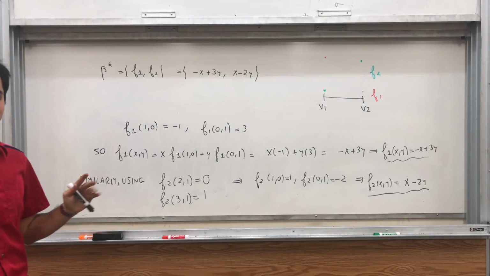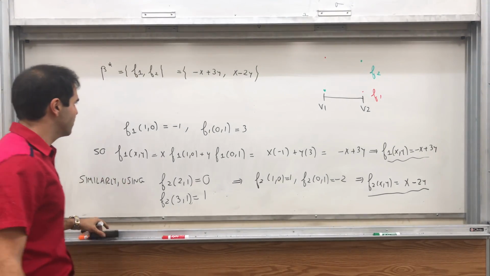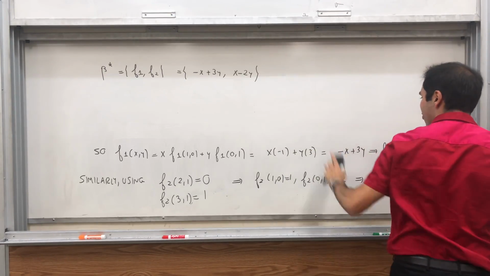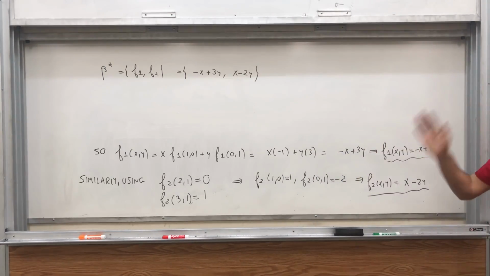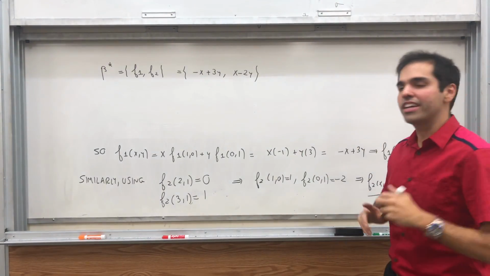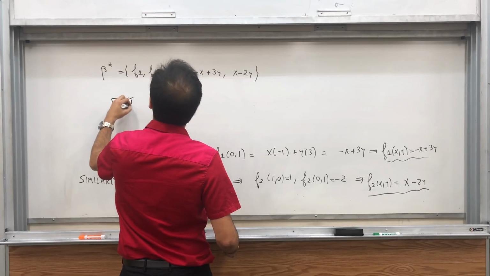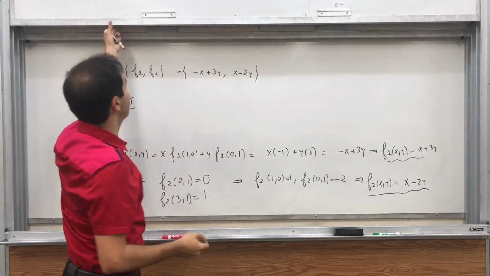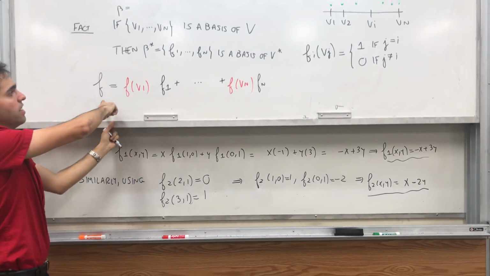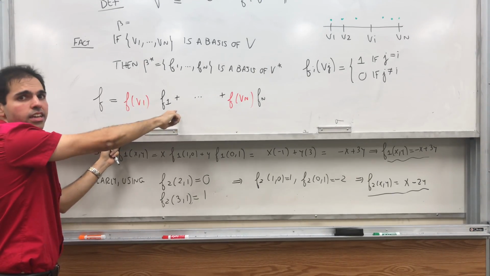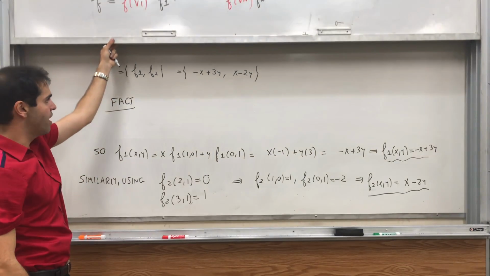And one more thing I wanted to talk about is, remember, we have this very nice representation formula, which is very rare in linear algebra to get, an explicit representation formula. I wrote that any linear functional in V star can be written very easily in terms of f1 up to fn.